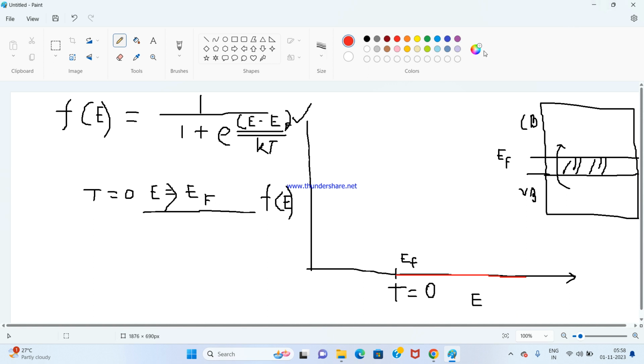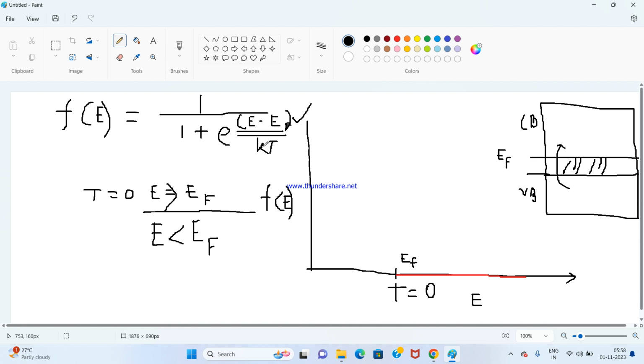Now let us consider the same condition, if E, the energy level, is less than the Fermi energy. If it is like that, then this term is negative.